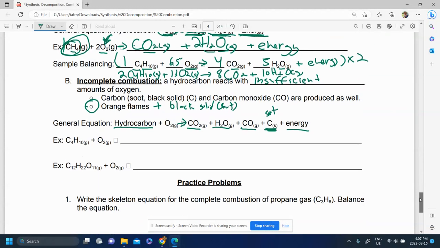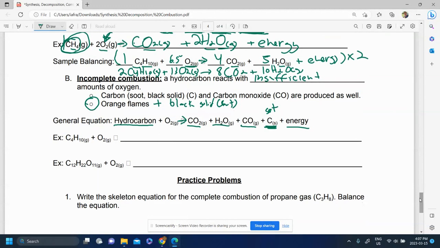in this combustion reaction. So if I were to tell you C4H10 reacts with insufficient oxygen, what are the products? Well, you would put CO2 gas plus H2O gas plus carbon monoxide gas. That's why incomplete combustion is more dangerous, because of that carbon monoxide, plus carbon solid plus energy.